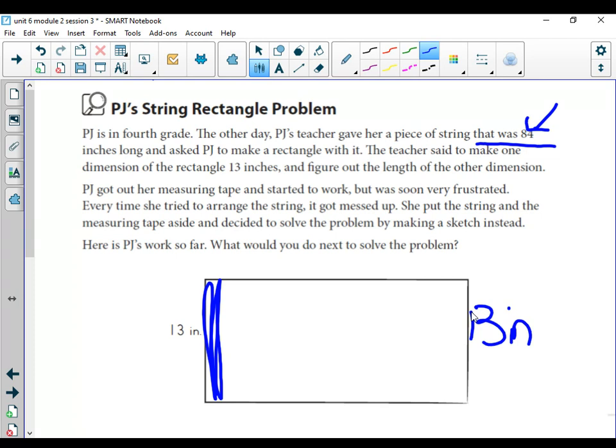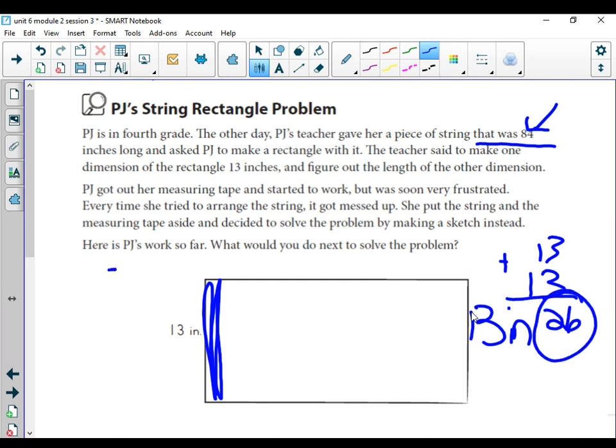Well, we already did a step. We already know, you guys, across from the 13 is going to be the same 13. So that tells us, if we're working with 84 inches of string, 13 plus 13 is 26. 26 of those inches are already used up.